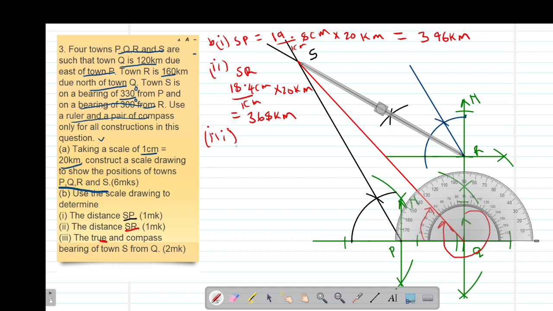So that means for Roman 3, the true bearing, remember we said true bearing is given in terms of 3 digits.